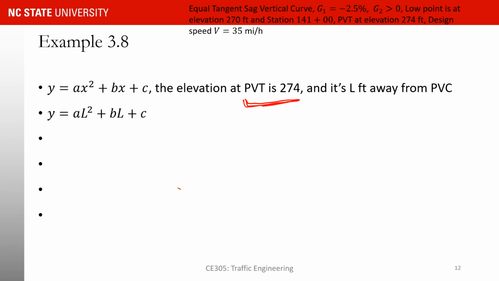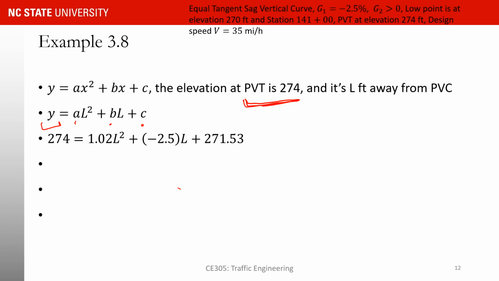So if A is known, if B is known, if C is known, if I know that the elevation at PVT is 274, if I find X, that's going to be the length of the curve, because from the origin to PVT, X is equal to L. You move on the horizontal plane L feet, or L stations, depending on how you have defined everything.